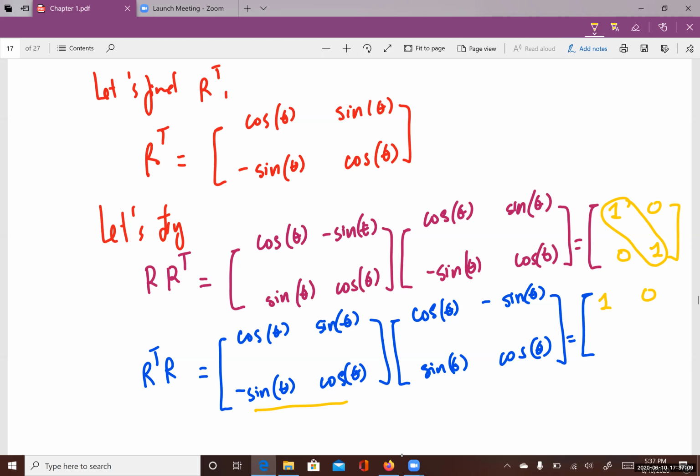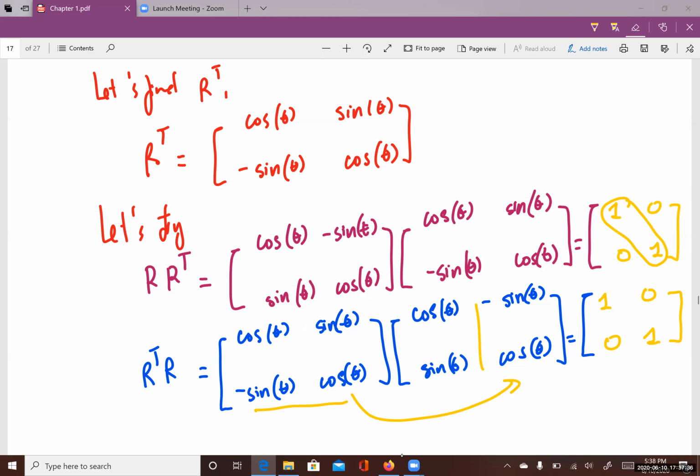Second row, first column, you will have negative sine times cosine plus cosine times sine, so it cancels out. And the last one, second row, second column, you will have sine times sine, which is sine squared, plus cosine times cosine, which is cosine squared, equals 1.